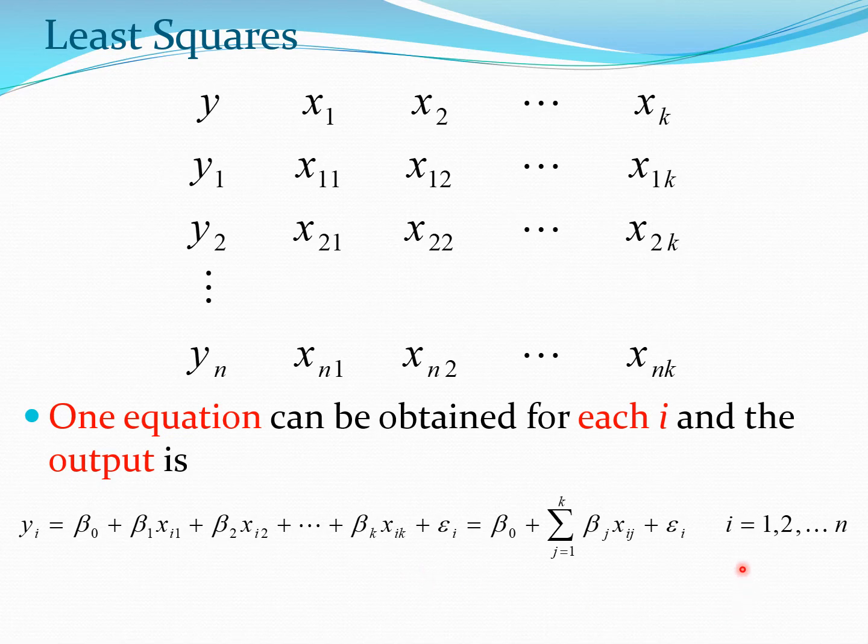And this i would be varying from i is 1 all the way to n. So these are essentially these n samples of data which are obtained by our numerical experiments or our actual experiments. So essentially this is the set of equations we now have, and what we need to do is get an estimate of these values of beta 0, beta 1 to beta k, and for that we will use the least square method.